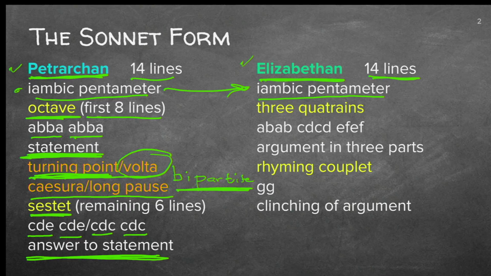But now, what do we have in the Elizabethan? We've got 3 quatrains. So we have 4, 8, 12 lines. 1, 2, 3 quatrains, and then we have a rhyming couplet.